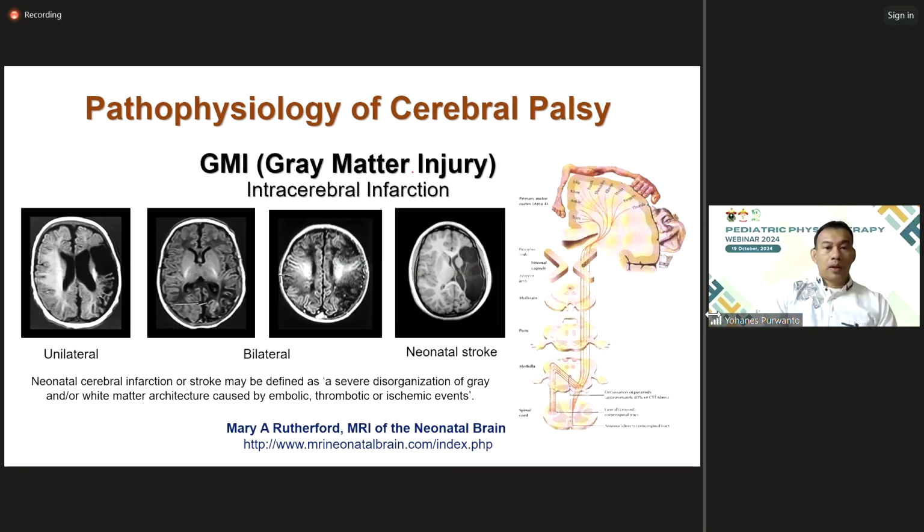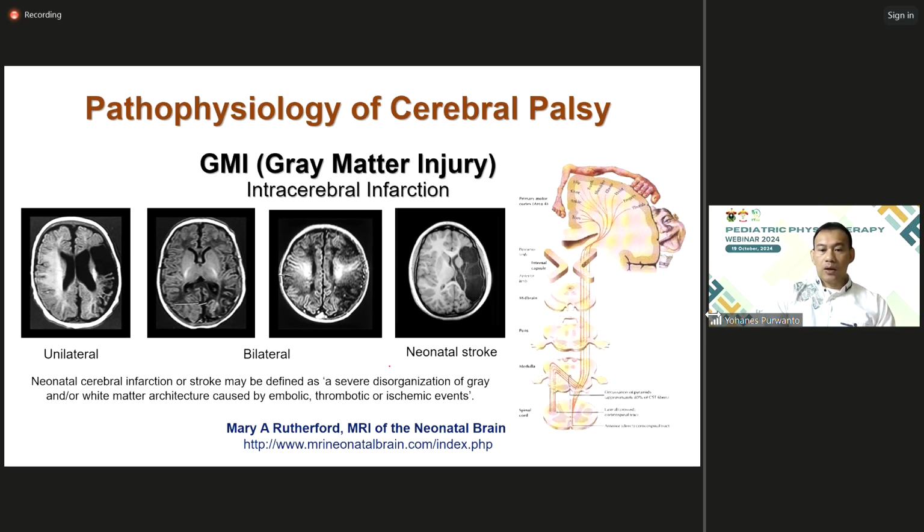The other gray matter injury is intracerebral infarction. You can see here a unilateral cortical problem, and then this is a bilateral infarction.